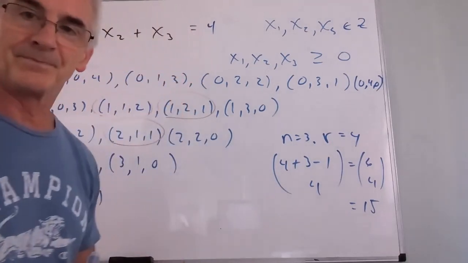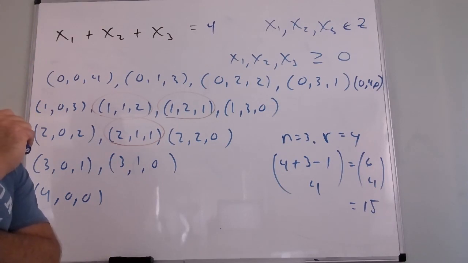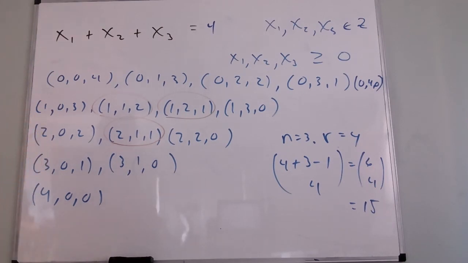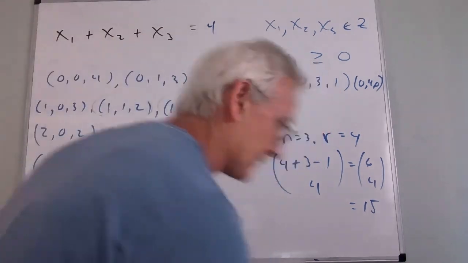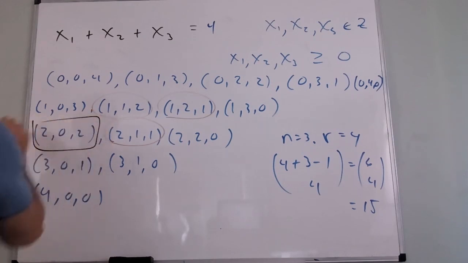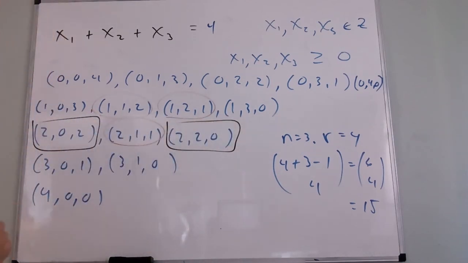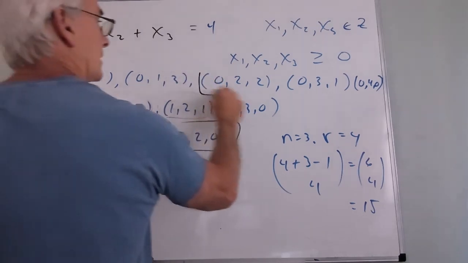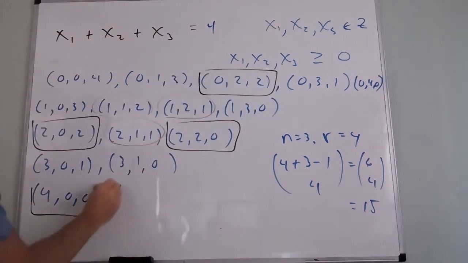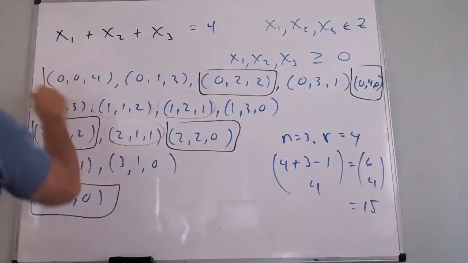Yeah, but what if now the restriction is only even numbers? Now, if I only have even numbers, what's different? Let's try to identify them. There's one, there we go. And the first one. And there we go.